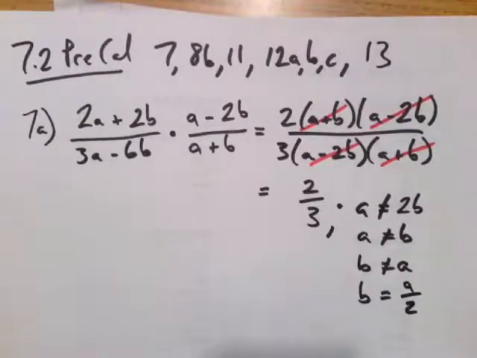Those are the non-permissibles. What did it say for the non-permissibles in the book? Because that's funny looking. Just want to see. Yeah, that's right.